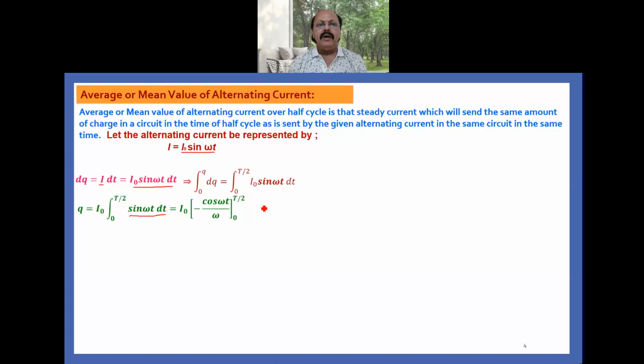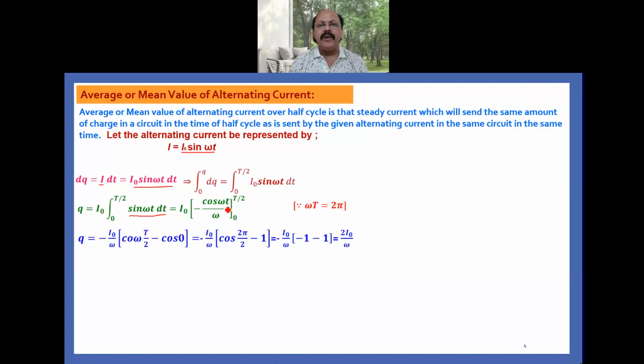So now put the upper limit, then minus lower limit. Before that we take omega outside, of course the negative sign also, and keep the value of omega t for later, that is equal to 2 pi. So first we calculate after substituting the limits, upper limit minus lower limit.